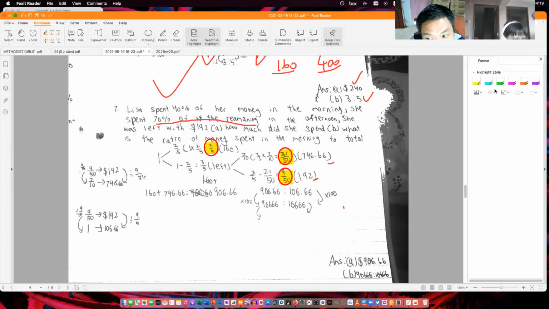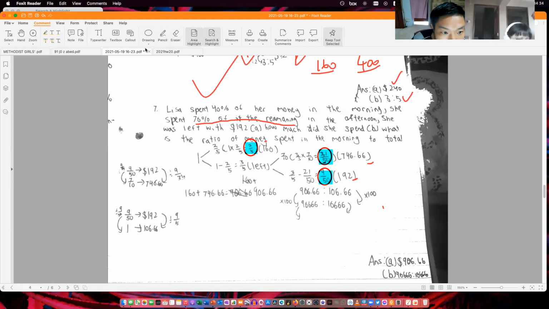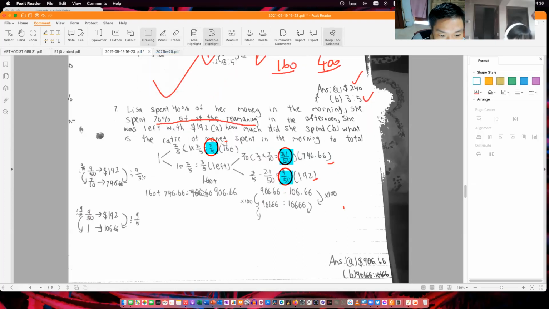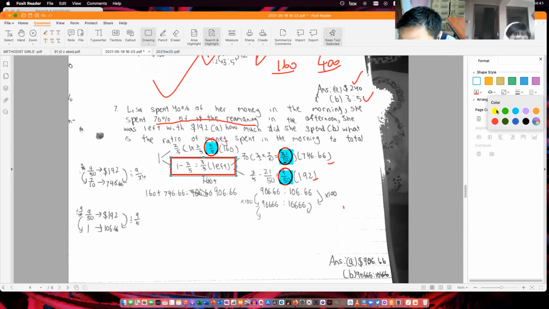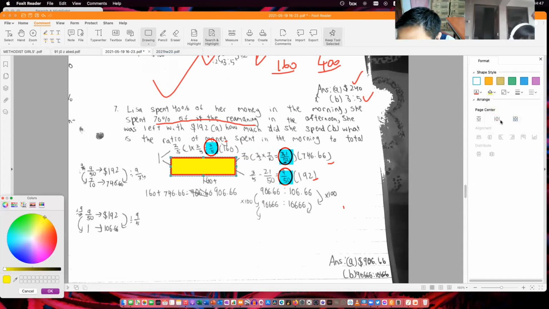You can even use a different highlighter, so that you will not go and read the wrong fraction. Can you do it next time? Okay, so I realize you have a problem, you go and read the wrong thing. So I don't want you to read the wrong thing. Can or not? Yeah.